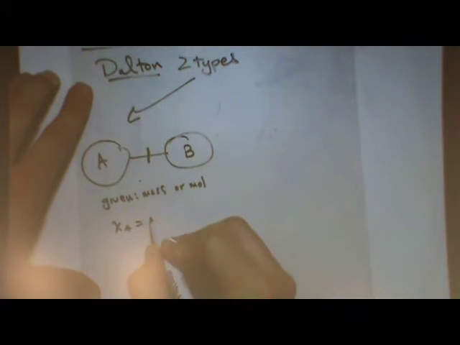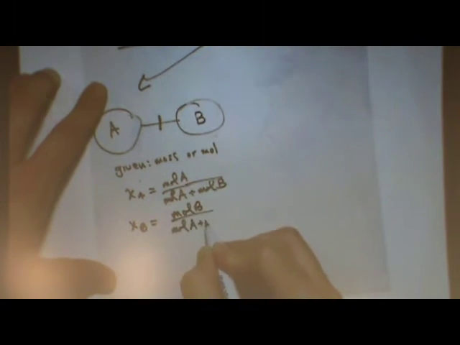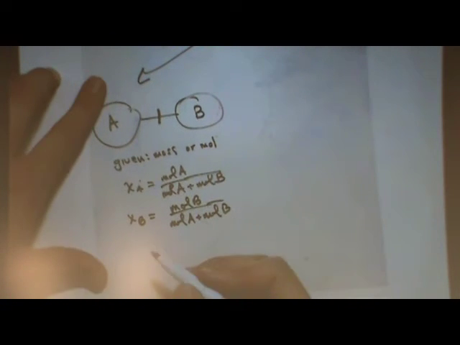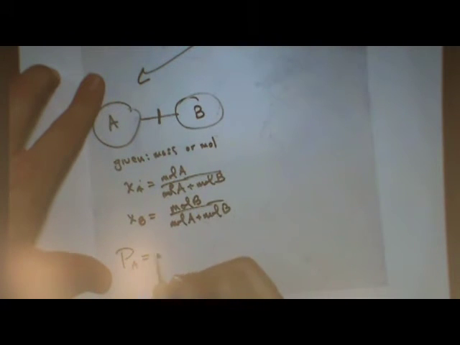For example, the mole fraction of A would be the moles of A over the moles of A plus the moles of B. And then you'd find the mole fraction of B, which would be the moles of B over the total moles, moles of A plus moles of B. And after that, you would say, okay, the partial pressure of A is the mole fraction of A times the total pressure.